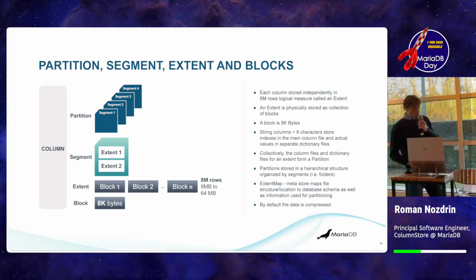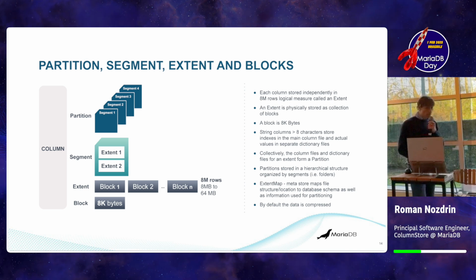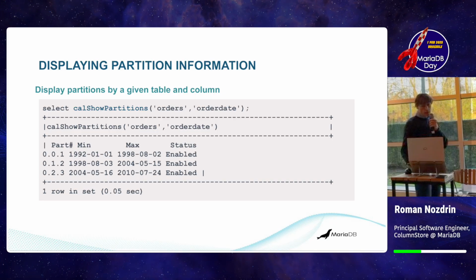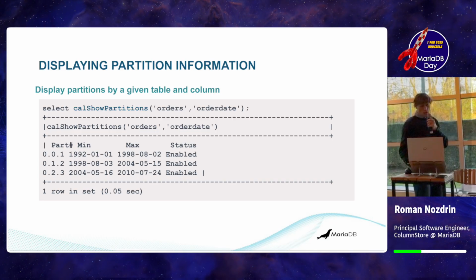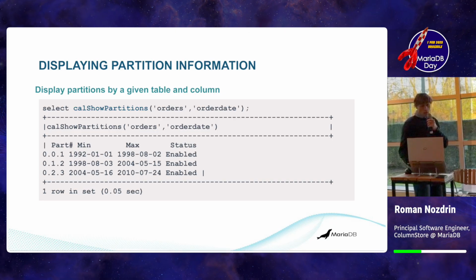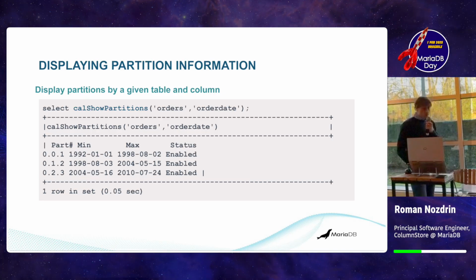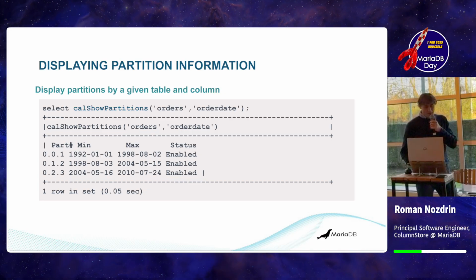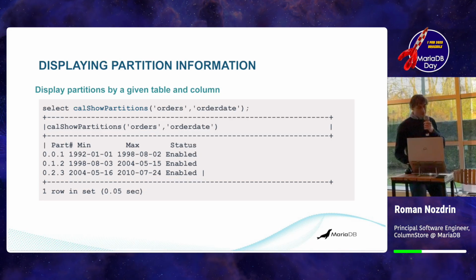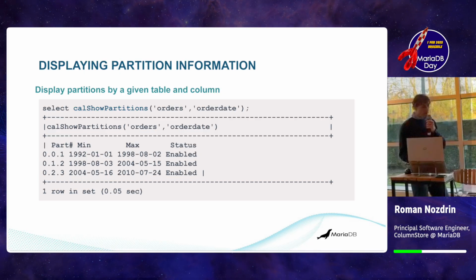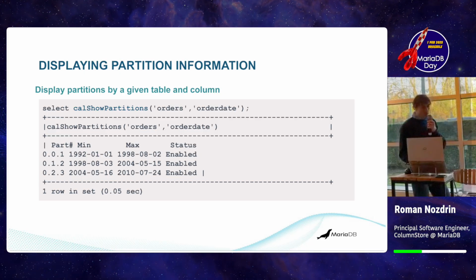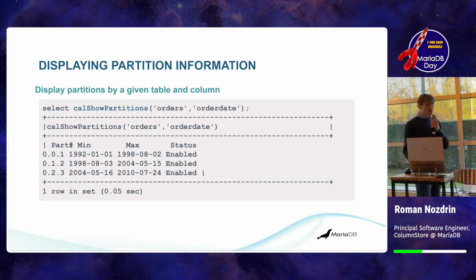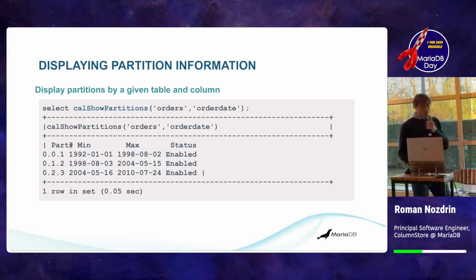So, what can you do with this organization? First of all, you can look at these partitions, and whether you are satisfied with what you see, you can actually leverage the information about min and max values in these partitions. Here is an example of how you can query the existing partitions and plan how you can use it.